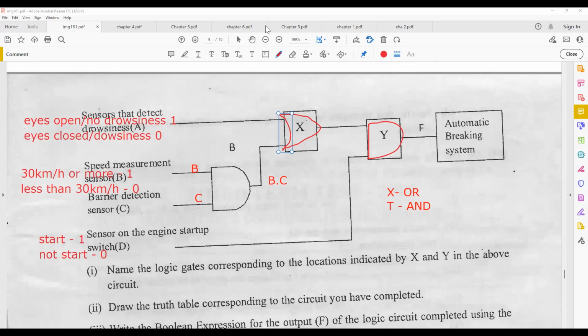So from this side, we will have A. Yes. What is the outcome here?